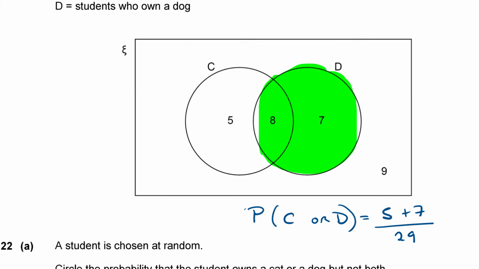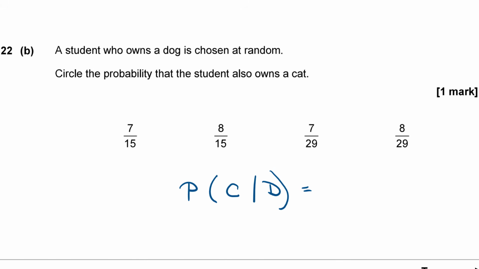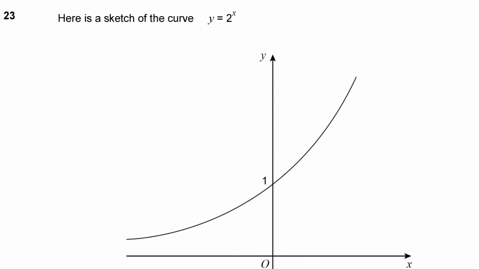So it's got to be one of these 8 plus 7, one of these 15 students. Okay, so what is the probability then that he also has a cat? Is those people there then, isn't it? So it's going to be those 8 students out of a total of 15 students. So the probability of cat given that they're a dog owner is 8 out of 15. It's that one.